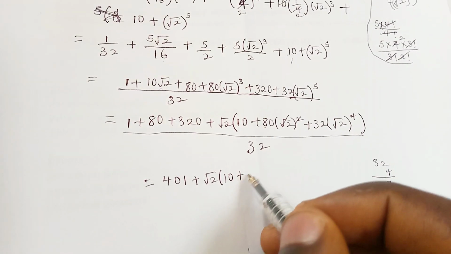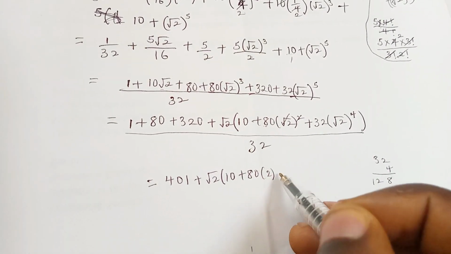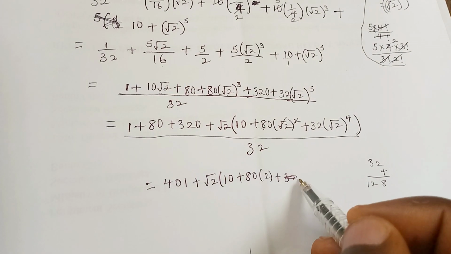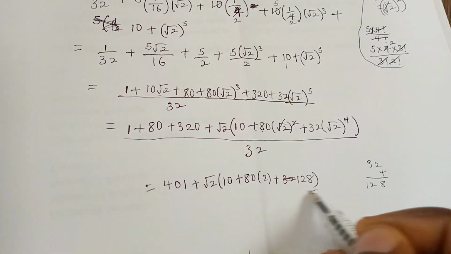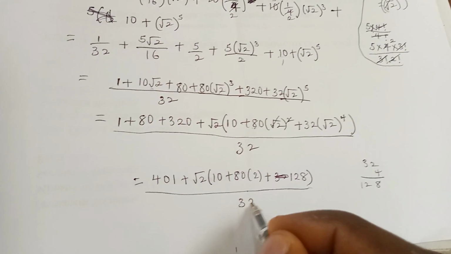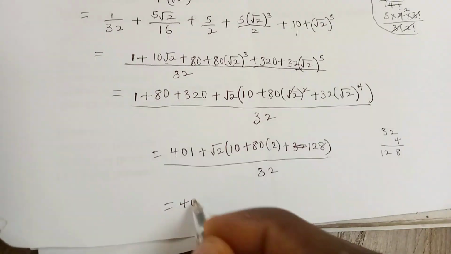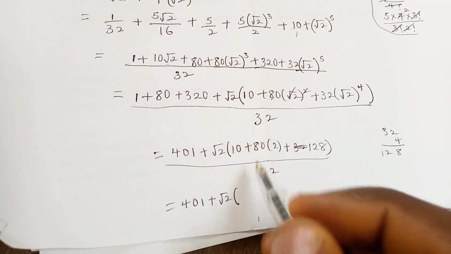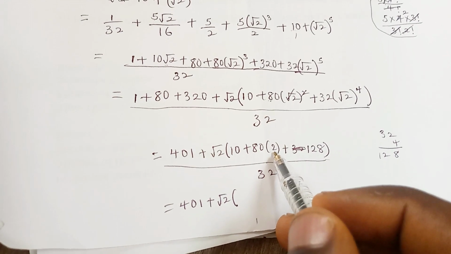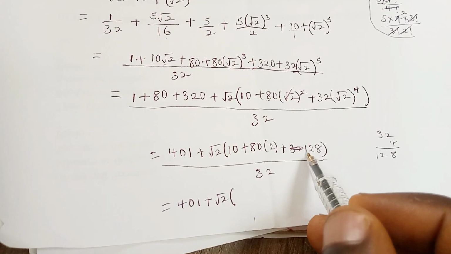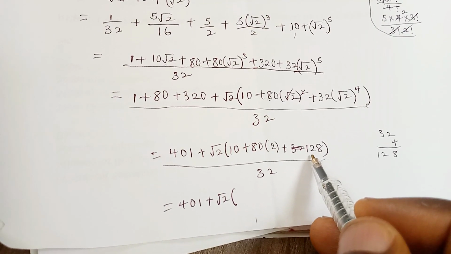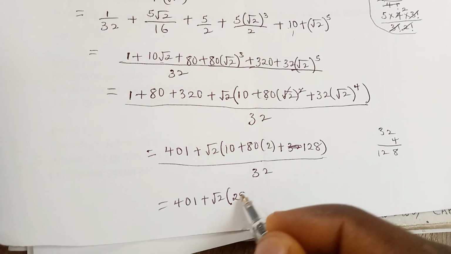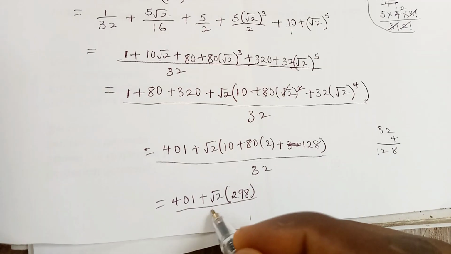So this is plus 80 into 2 plus 32 times 4, 128 divided by 32. This is equal to 401 plus the root of 2 into 10 plus 80 times 2 is 160. 160 plus 128 is 288, and then plus 10 is 298 divided by 32.